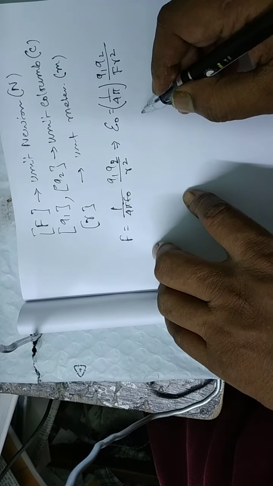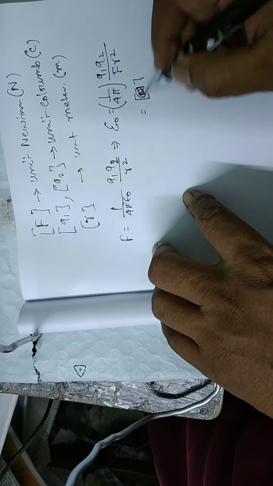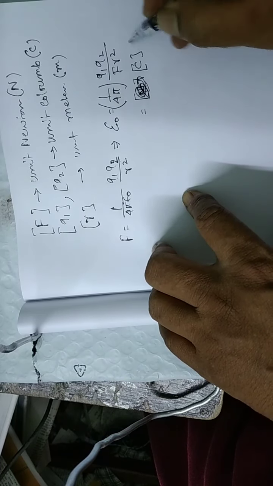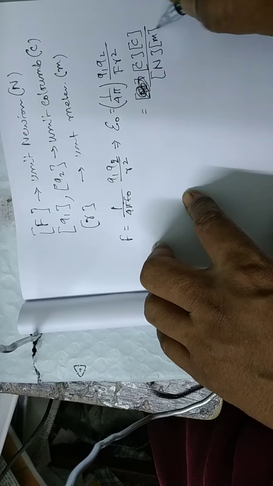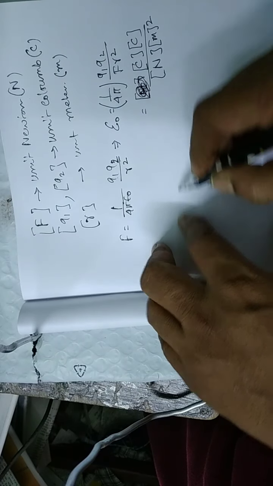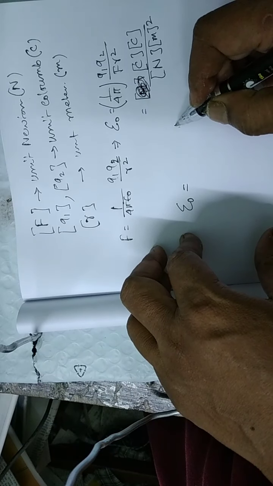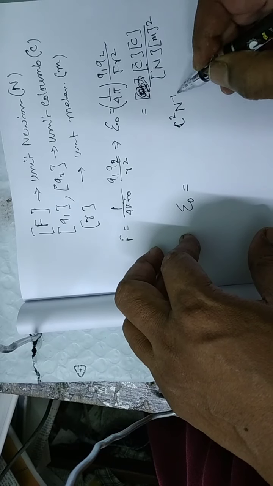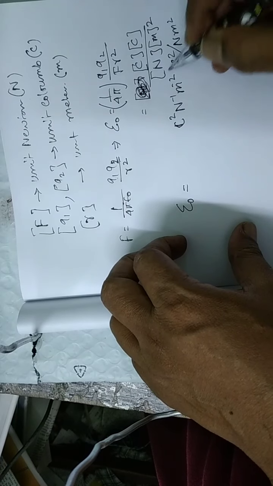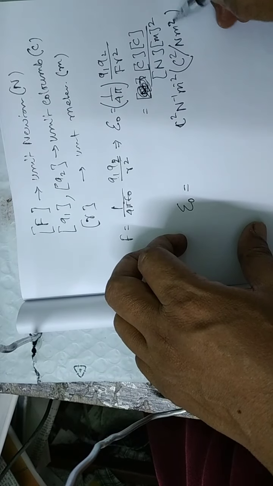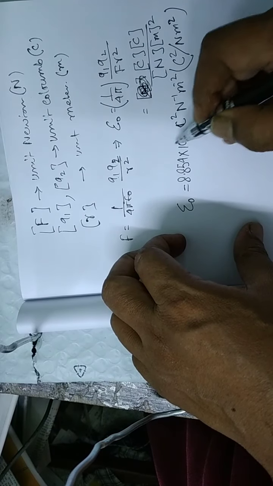Now putting the units, Coulomb, Newton, meter square, epsilon naught has the unit Coulomb square per Newton per meter square, or Coulomb square by Newton meter square, and the value is 8.854 into 10 to the power minus 12.